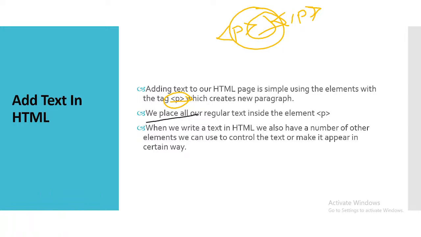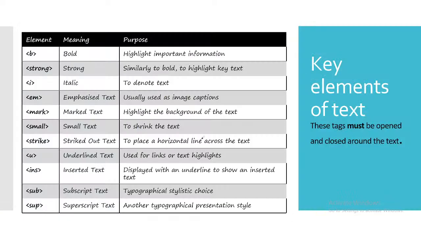So we place all our regular text inside the paragraph tag. When we write text in HTML, we also have a number of other elements we can use to control how the text appears. See here guys, B is used to bold that particular text, and if we use strong, it also displays in bold.